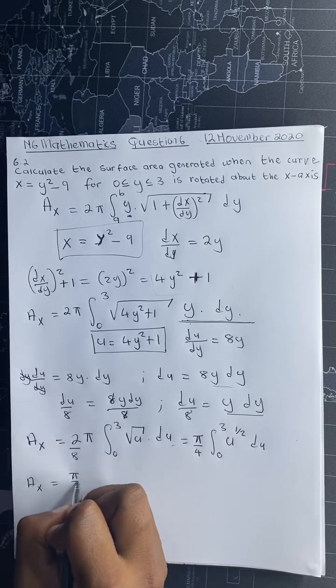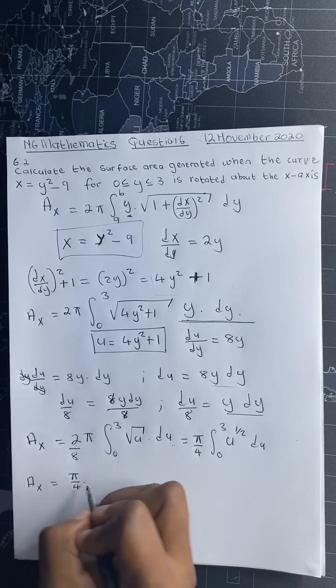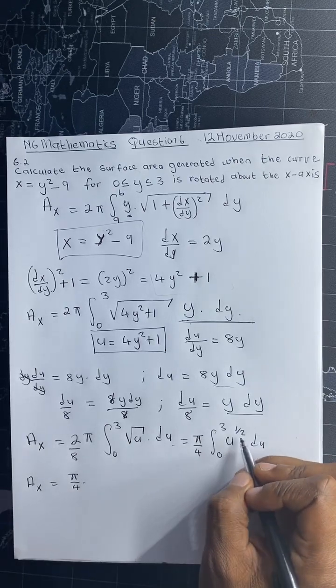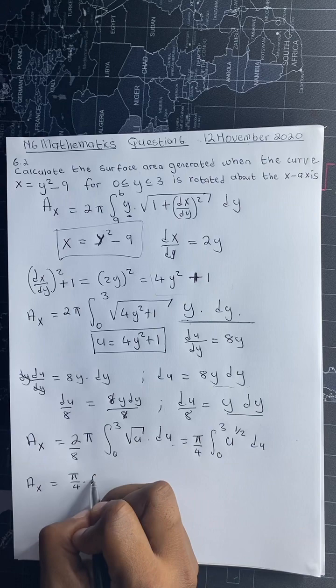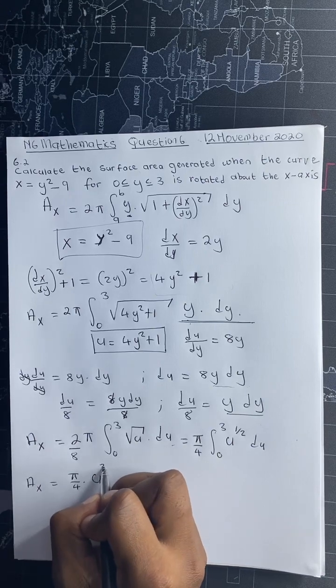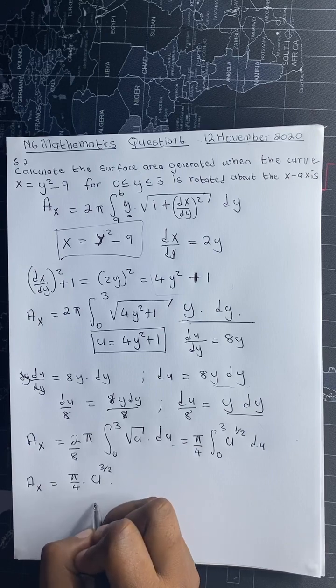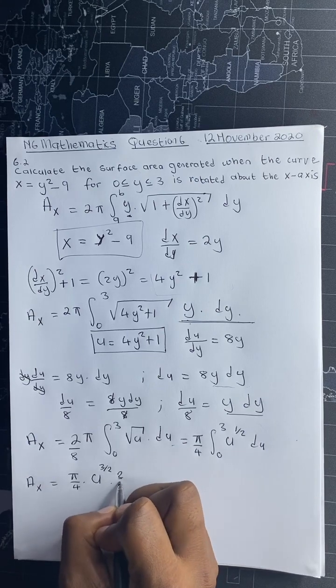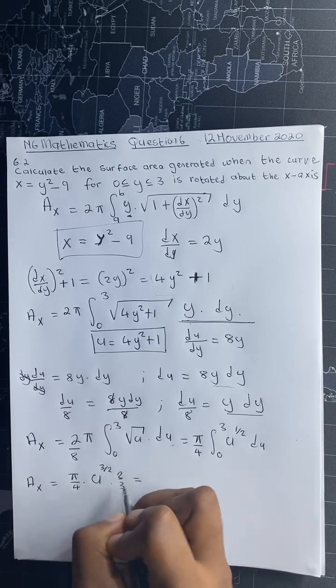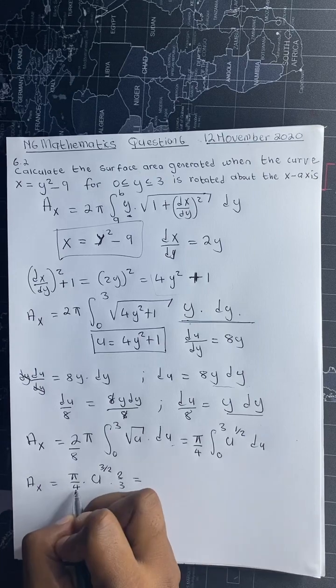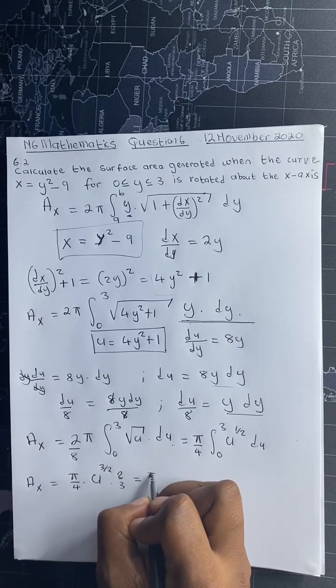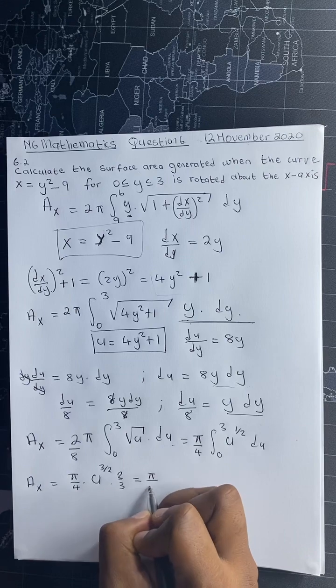We have pi over 4 multiplied by the integral of u to the power 1 over 2, which will be u to the power 3 over 2 divided by 3 over 2, which we can write as 2 over 3. So this 2 divided by that 4 will be 1 over 2.